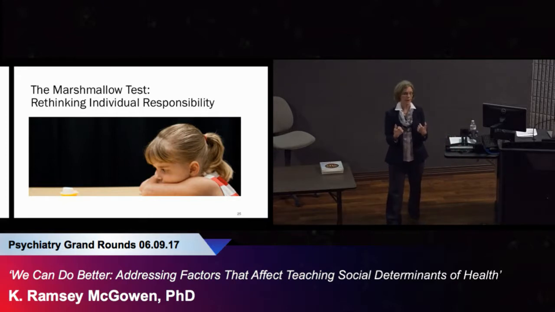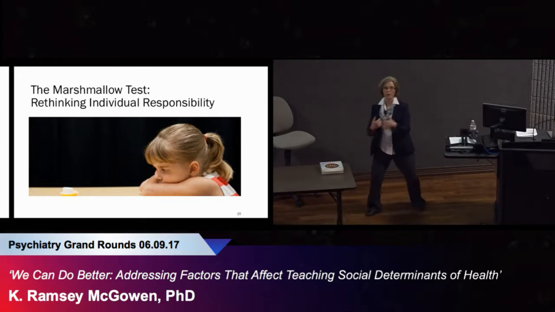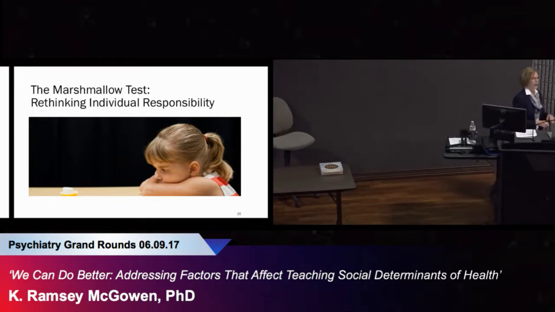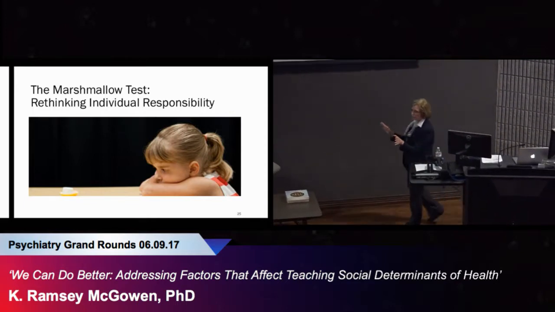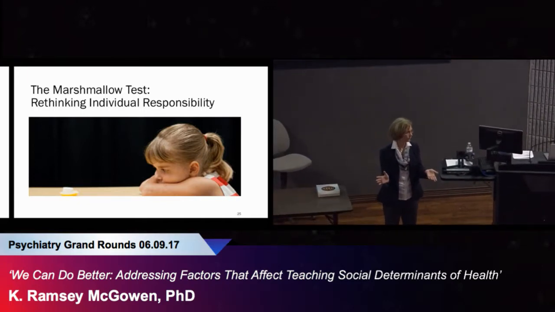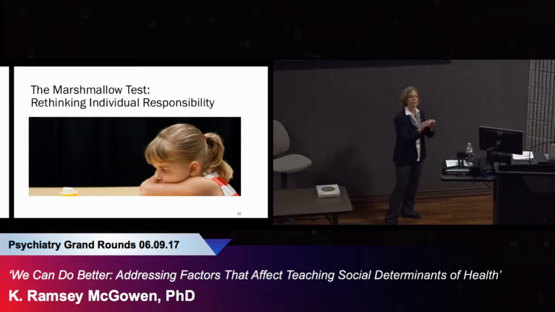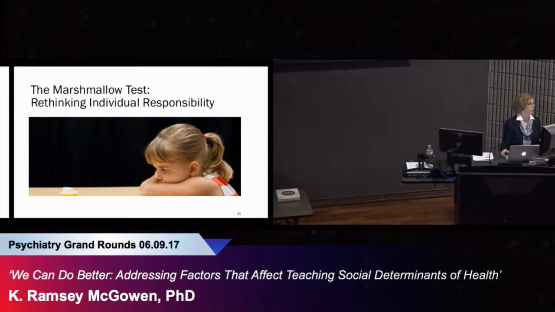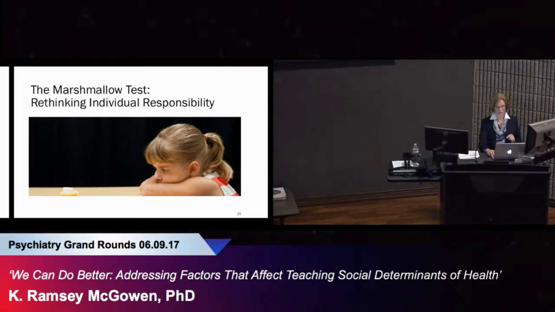It's a skill that they have, and if they don't have it, we need to teach it to them. So it's a deficit within the child. Am I saying that individual responsibility doesn't matter and that children don't need to learn self-control? I'm not saying that. I'm saying that there may be other things besides a deficit within the child that contribute to the ability to delay gratification.